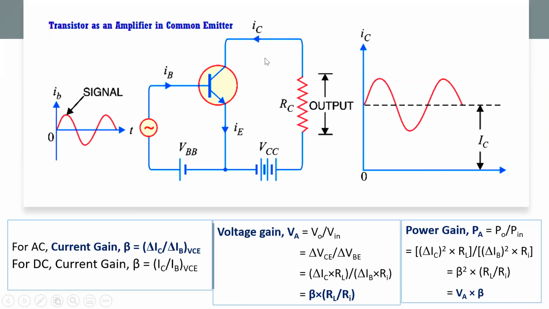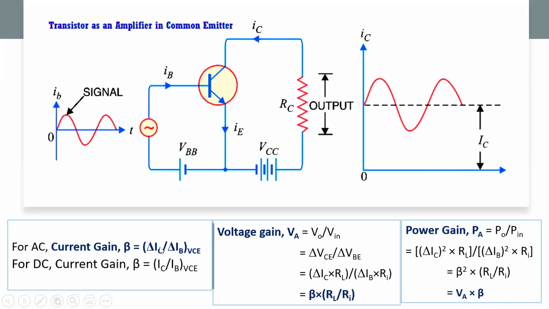IC, the collector current. What is the input current? IB. IB is the input current. IE is common for both, right? So IB is the input current, IC is the output current. So the current gain is output divided by input.